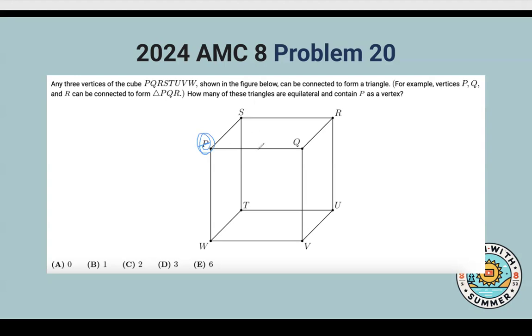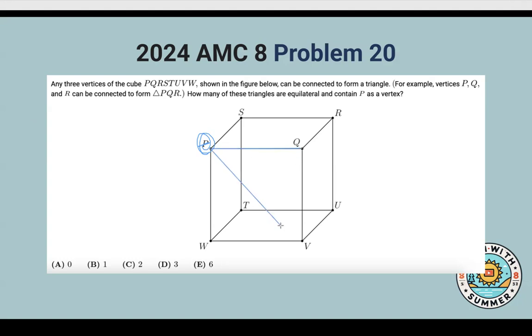So we can see here that in this cube, we can have a couple of different sizes of line segments possible to form a triangle, right? So we could have sides that are just along the sides of the cube. This is one of the possibilities.